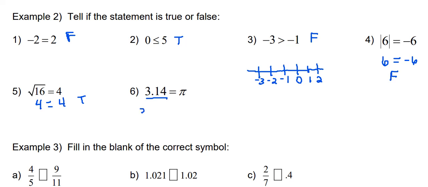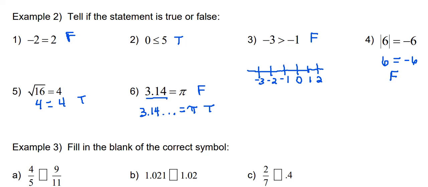If it were written like this, 3.14, and then we had these dots, the ellipses, that says that it keeps going. It doesn't stop. Well, this doesn't have that. So the way that it's written, this is false. If it were written like this, that would be true.